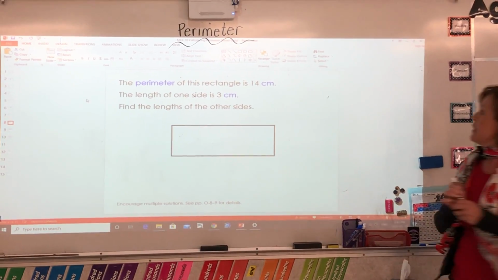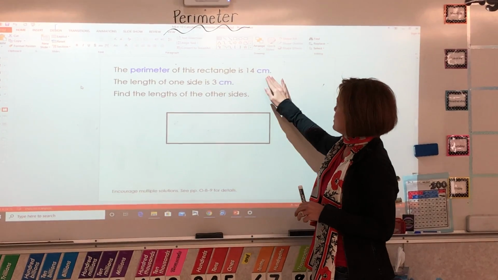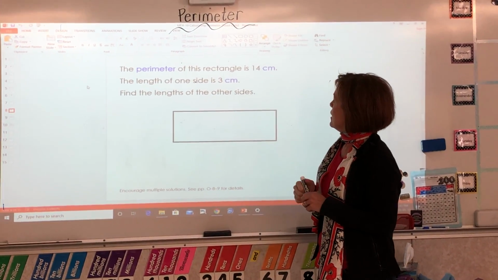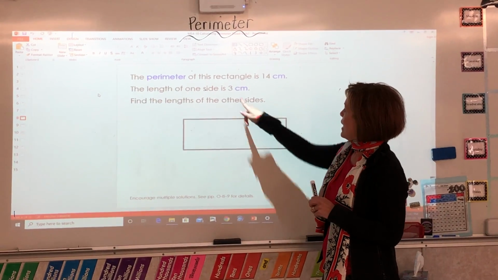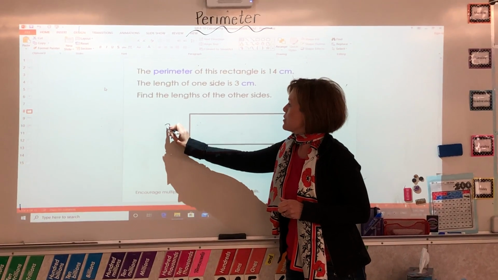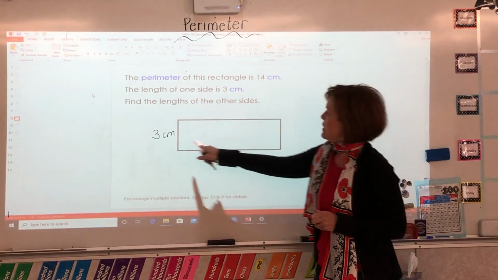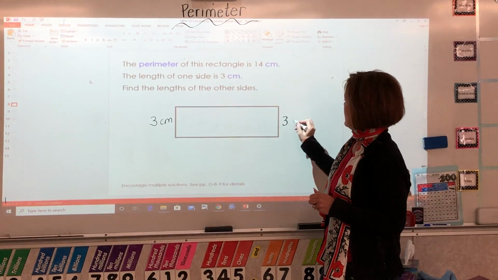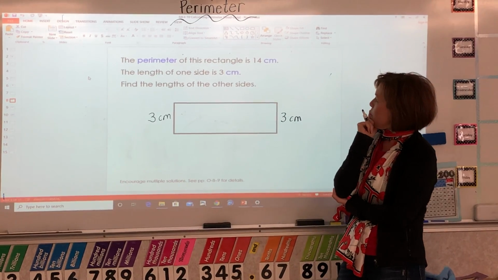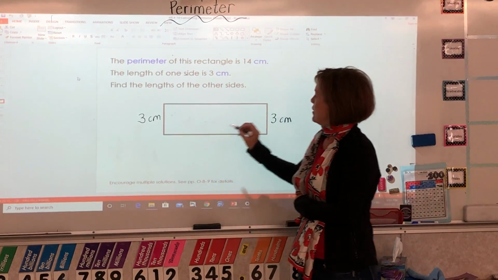All right, so let's see if they're going to give us a problem here, if we can solve this. The perimeter of this rectangle, so all the way around it, is 14 centimeters. The length of one side is 3 centimeters. I'm going to assume that's one of the shorter sides. 3 centimeters, that's 1. We know opposite sides are equal in a rectangle. This one must be 3. Find the lengths of the other sides. What could I possibly do if the whole thing is 14? Well, let's see.